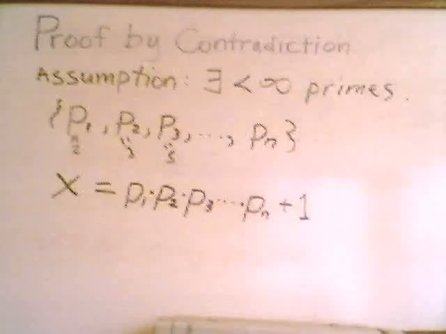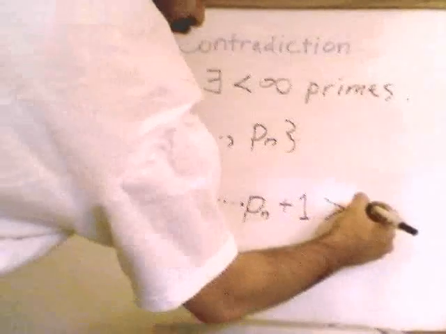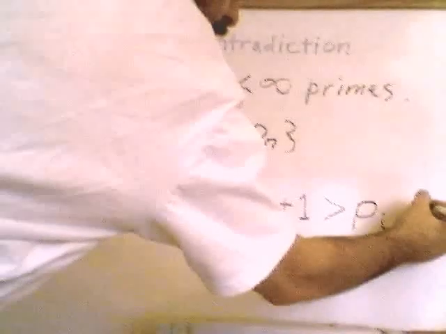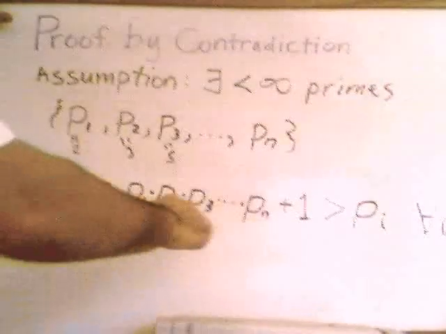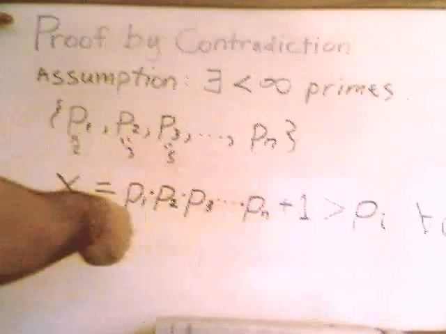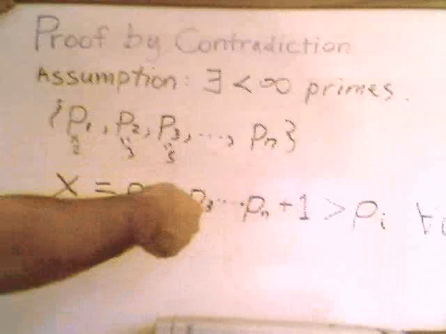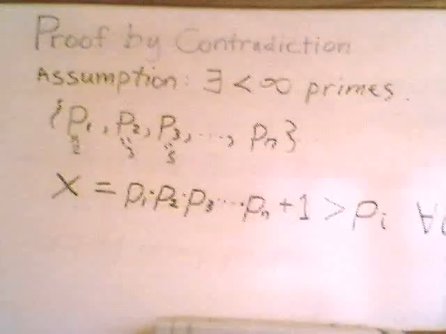So a simple statement we can make looking at this is that this is a number that's bigger than, say, each one of the P's. So we, in fact, want to explicitly make that statement here. And again, I'm going to use some more math geek notation. This value that we've calculated, which is the product of supposedly all the primes, and then if we add 1 to it, that's certainly going to be larger than any one given prime.